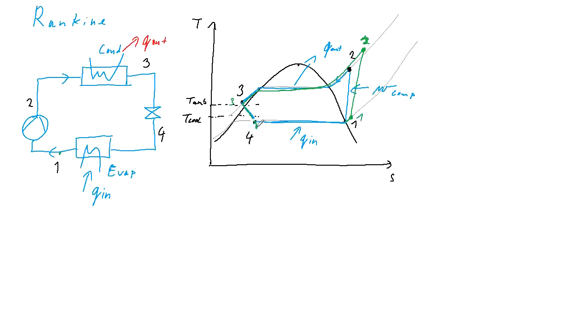But the point 4 should end up in point of slightly lower pressure because of the pressure drop, and that means also point of higher quality, so the cooling load per 1 kilogram of working fluid will be a little bit smaller. So the real cycle with pressure drops and the efficiency of the compressor would look like this.